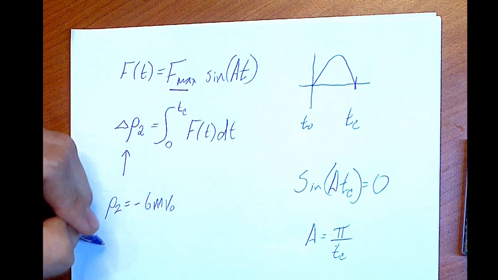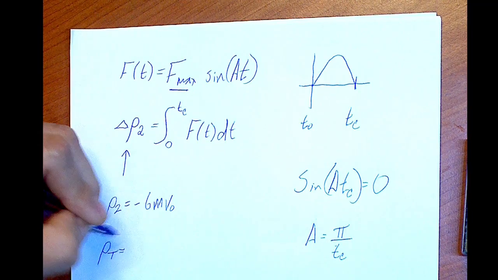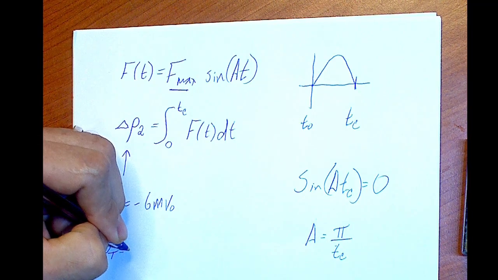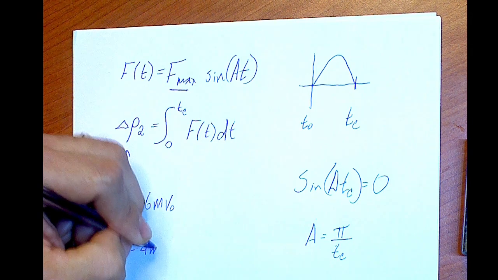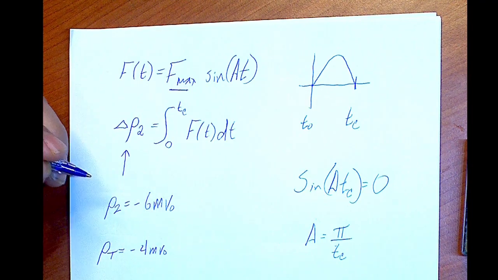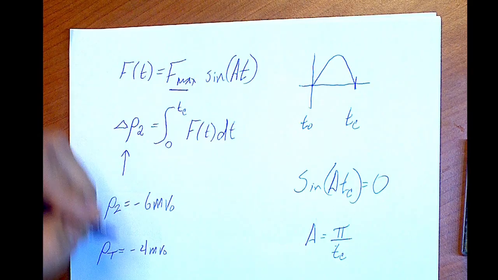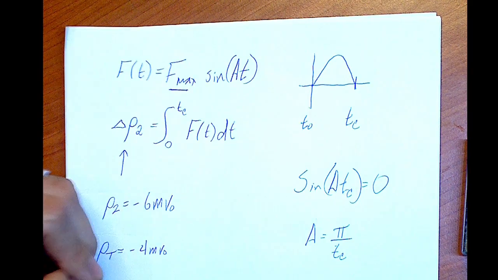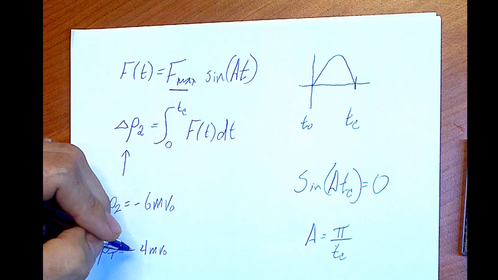The momentum total of the system, remember, is going to be minus 4 m v naught. And so what we have to do is solve for the velocity of the two block system after the collision. And so we know that the total momentum before and after is the same.